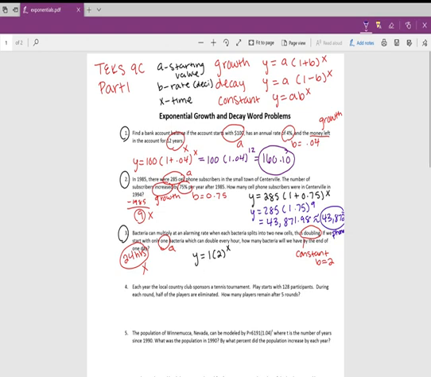So I have y is equal to 1 times 2 to the 24th power. So that's technically just 2 to the 24th power. So 2 to the 24th power gives us 16 million, my bad, 777,216 bacteria.